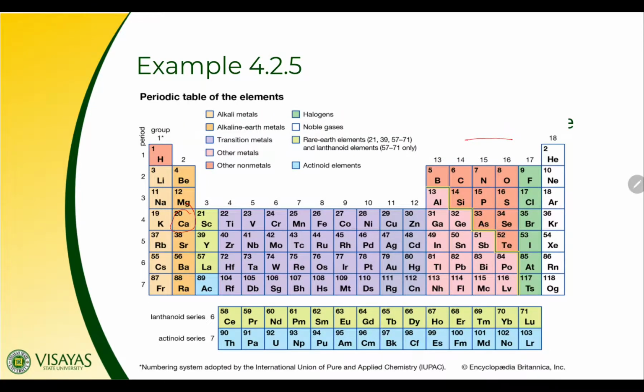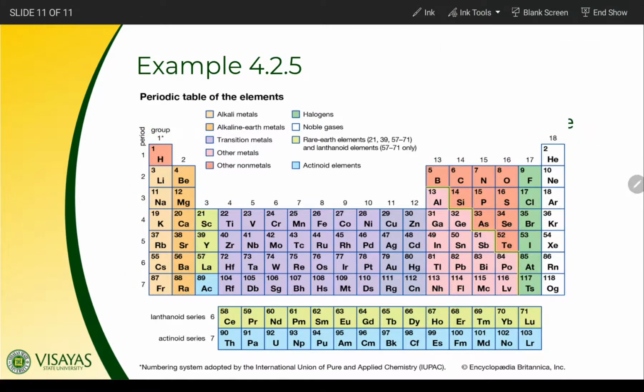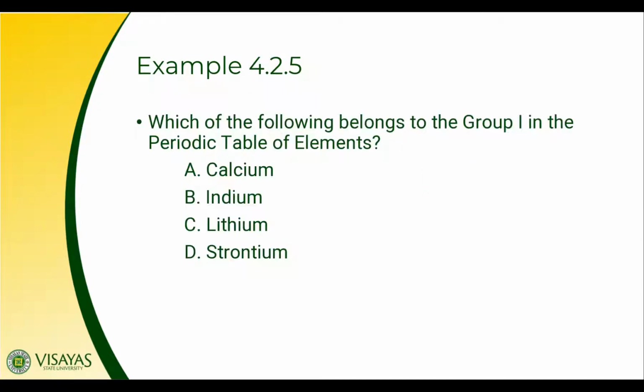Calcium is here, lithium is here, strontium is here, and indium is here. Indium is in group 13, calcium and strontium are in group 2, while lithium is in group 1. Therefore, the answer is lithium, letter C.